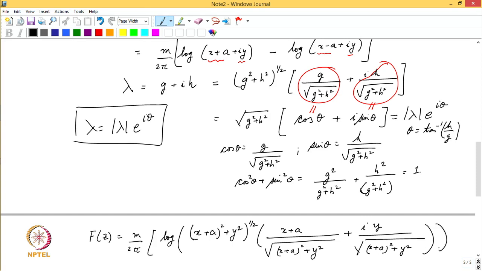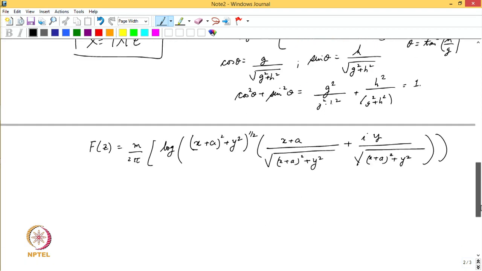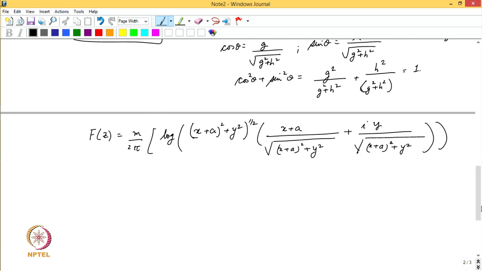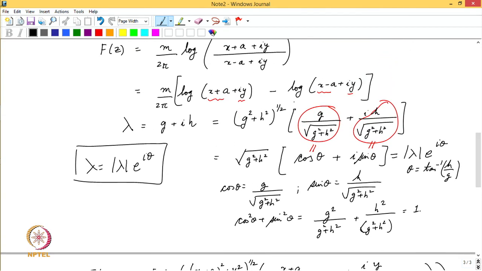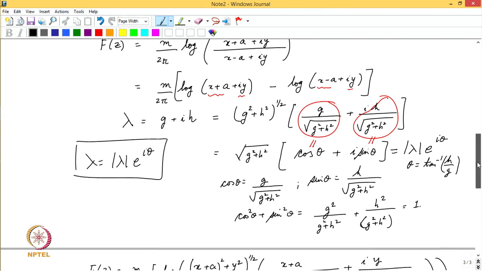So, that would be this log, and then we will have minus log of square root of x minus a square plus y square, that is because we are looking at the second part here. So, log of x minus a plus iota y.